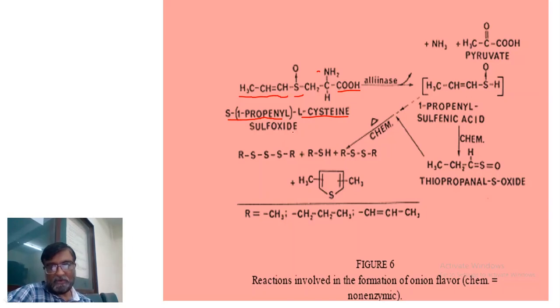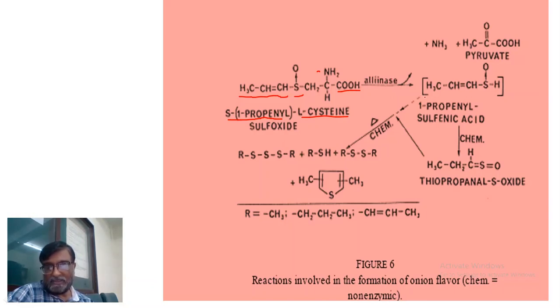With this compound, there is another enzyme present in onion, alliinase. This is the enzyme acting on S1 propanol L-cysteine sulfoxide and producing two kinds of substances.